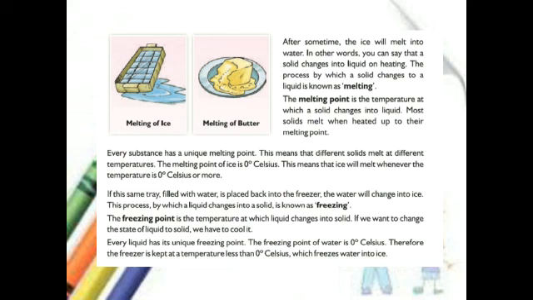If the temperature reaches 0 degrees and above, the solid changes to liquid. So the melting point of ice is 0 degrees Celsius, whereas the freezing point of water is also 0 degrees Celsius. Just keep it in mind, don't get confused about this.